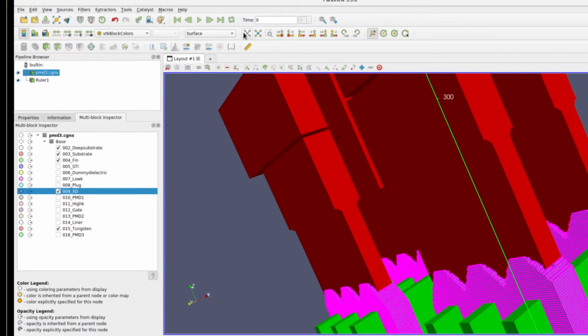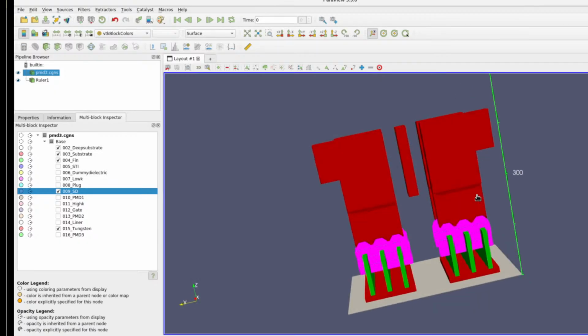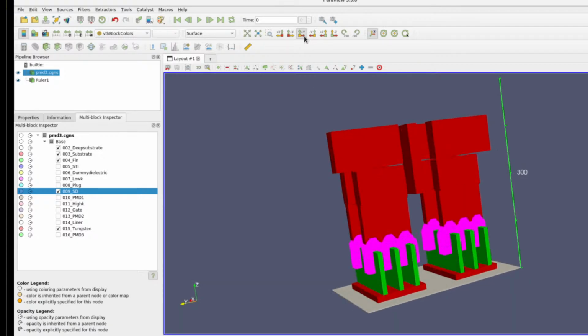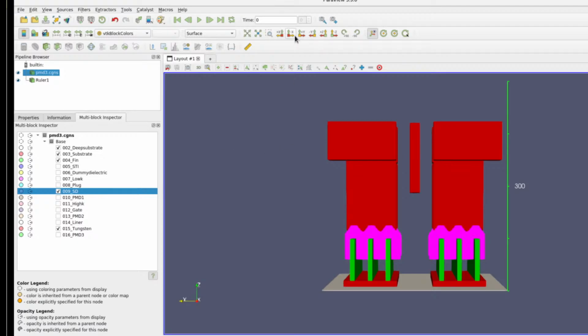So although LIG and LISD are existing in the same plane, as shown here, they have different connections. Some of them are connected to the source and drain, and some of them are connected to the gate.